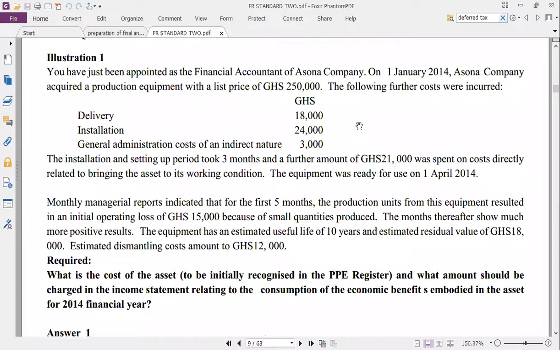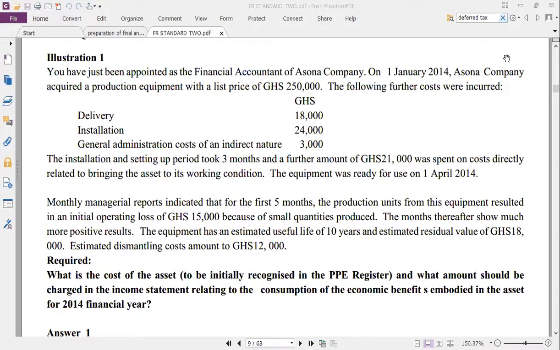You have just been appointed as the financial accountant of Asuna Company. On January 2014, Asuna Company acquired a production equipment with a list price of 250,000. So the list price is what?